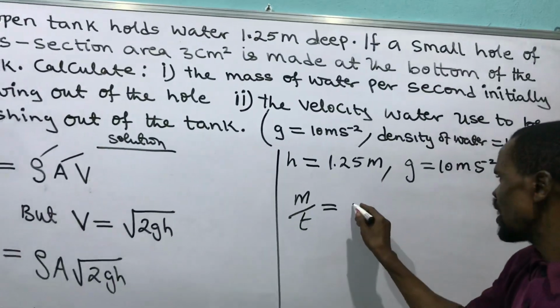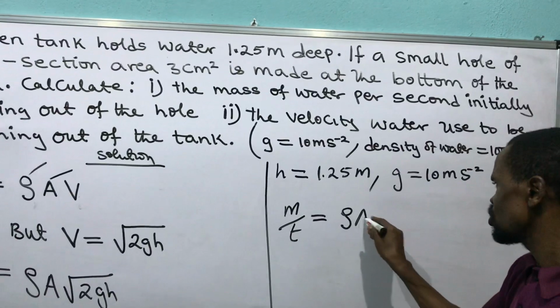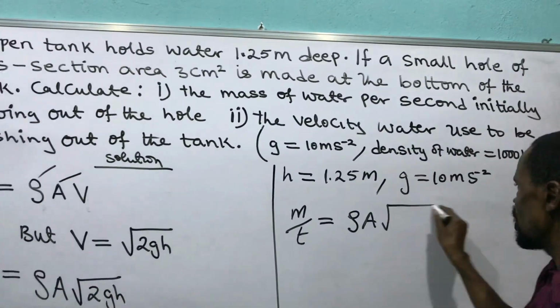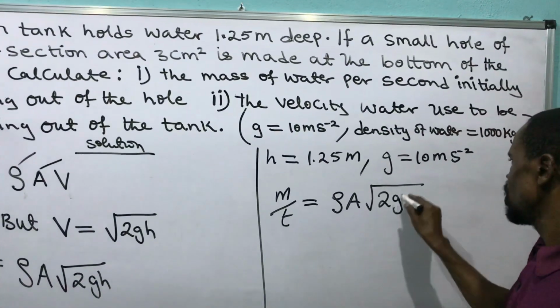Then now, using the formula, I will say the mass per time gushing out of the tank is given as density times the cross-sectional area of the hole times the square root of 2gh.